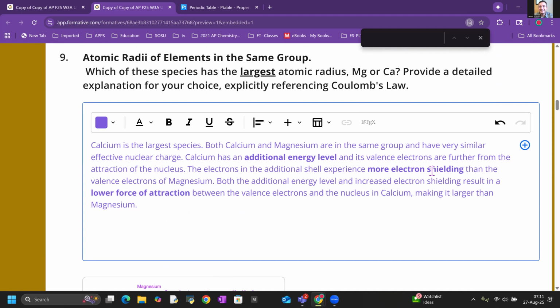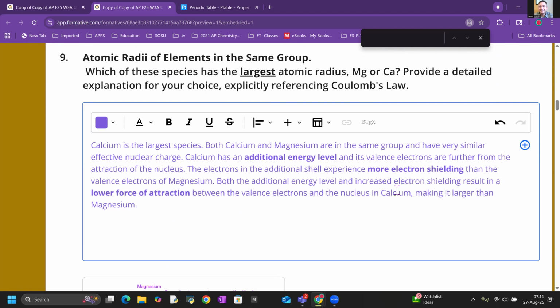If we have more energy levels, we have more electron shielding. The electron repulsion that occurs between the valence electrons and core electrons is greater, reducing the overall force of attraction that valence electrons have for the nucleus.